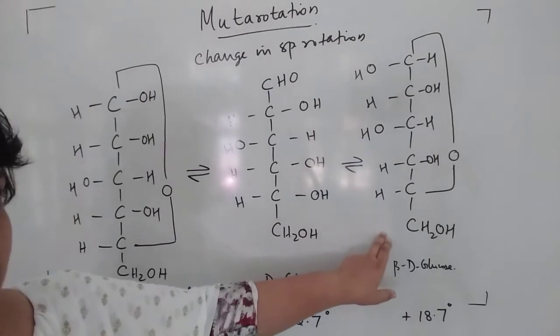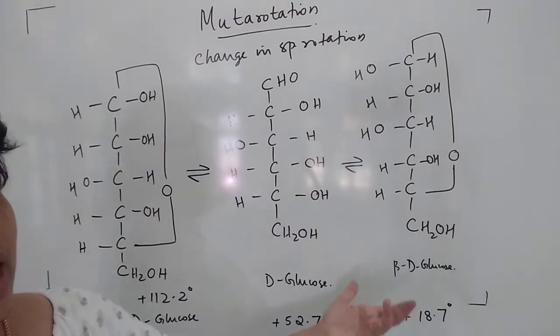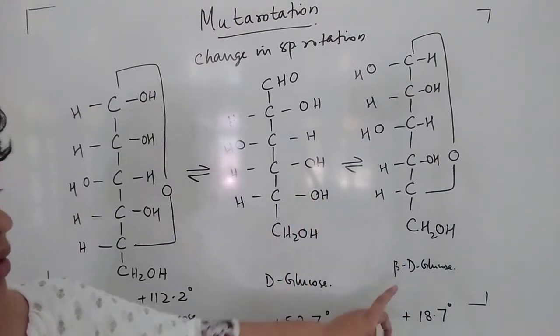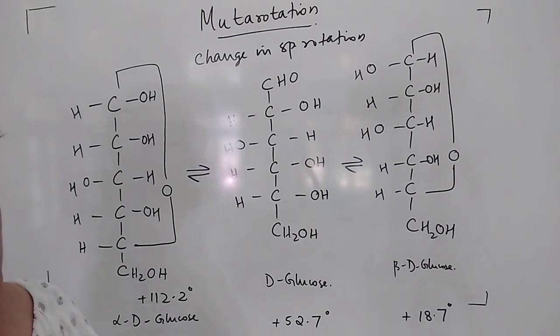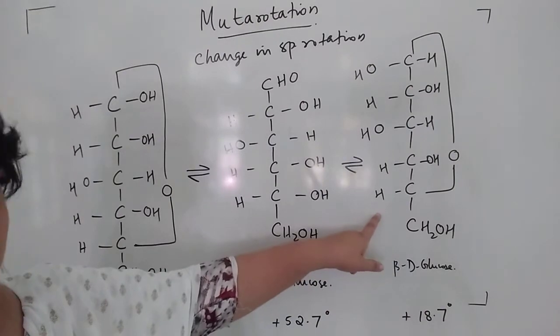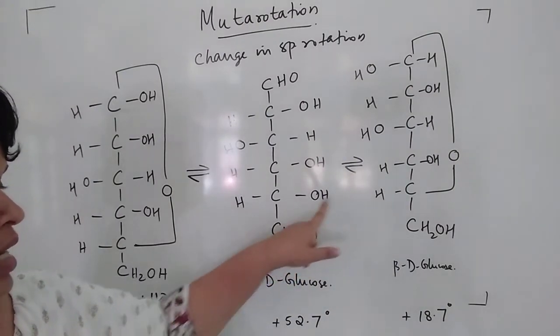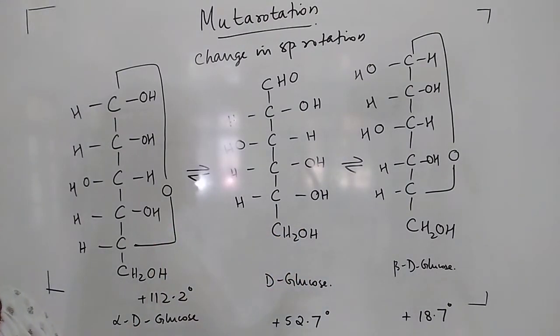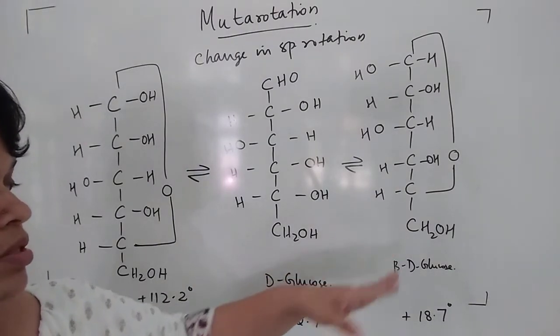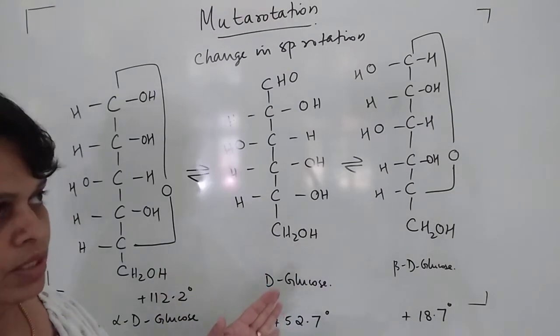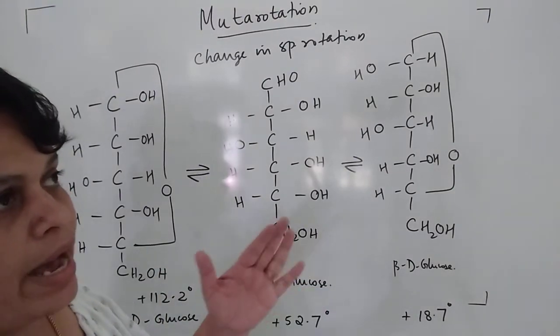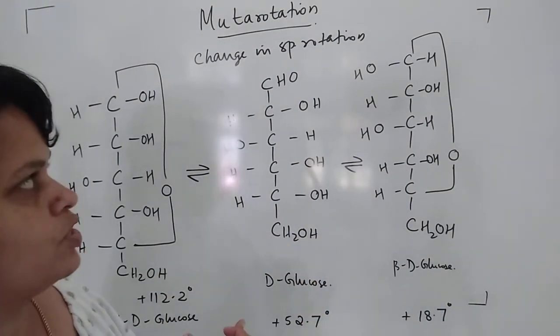And if you take beta D glucose crystals and dissolve them in water, beta D glucose has a specific rotation of 18.7 degrees, and this increases to about 52.7 degrees and then becomes stable, meaning the beta D glucose is unstable in solution and is converted to the open chain structure.